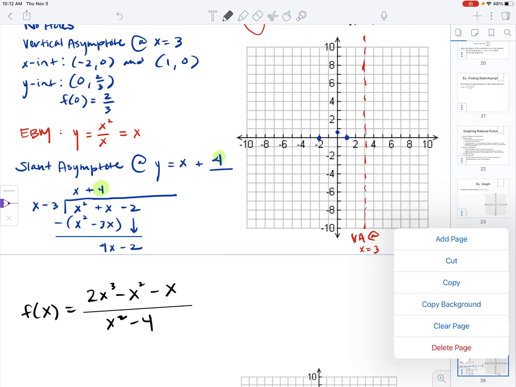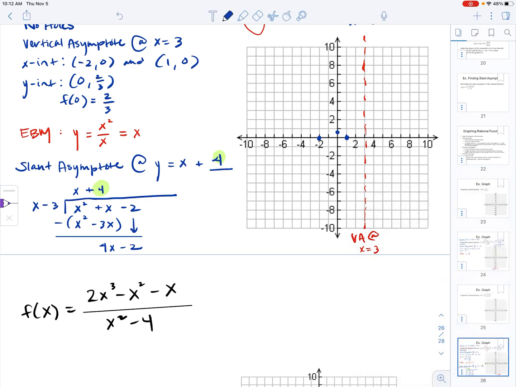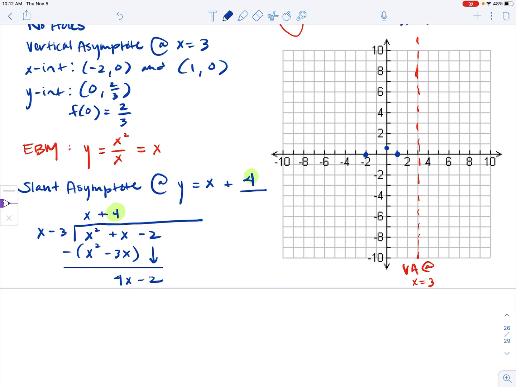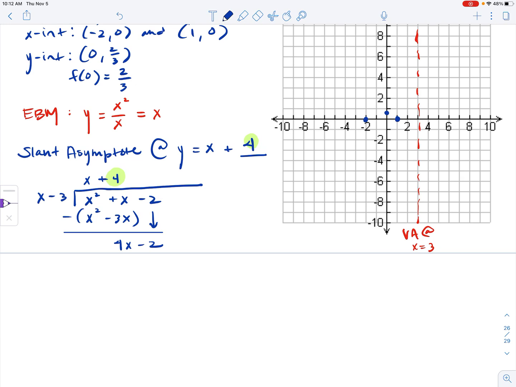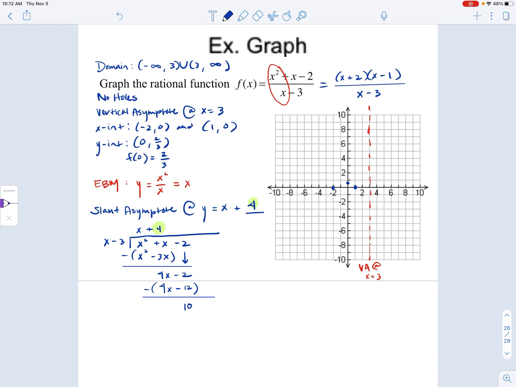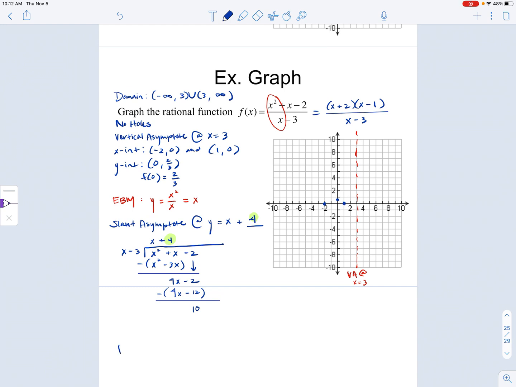But I'll just go over the reason why this ends up being the slant asymptote, and I'm going to add a page so that I have more room. If we kept going, where I multiply, so 4x minus 12, and that would be positive 10.